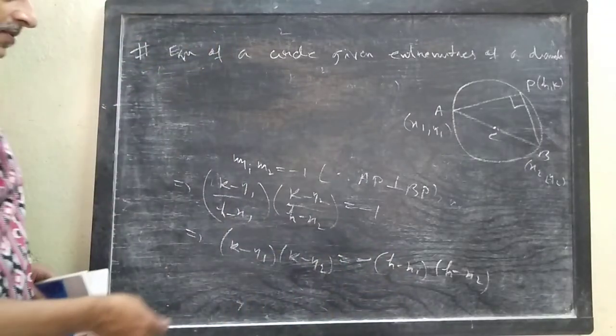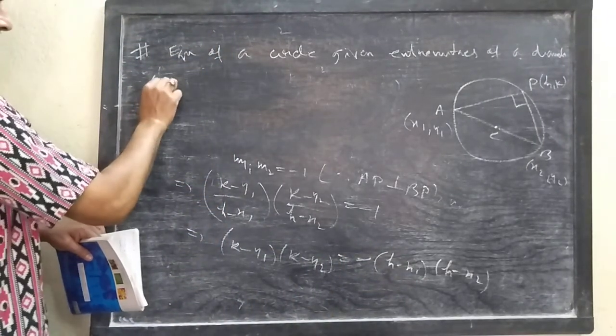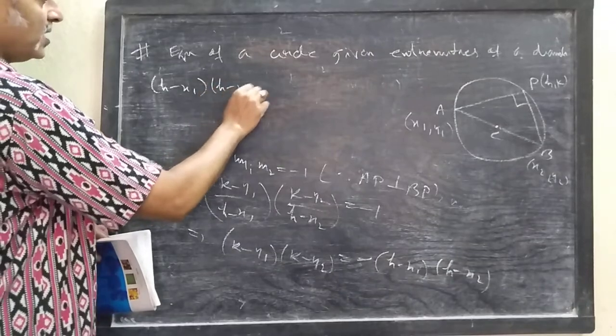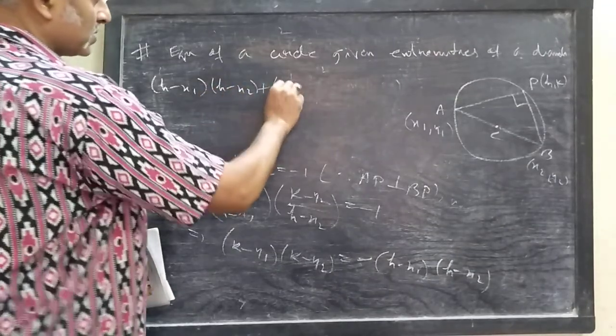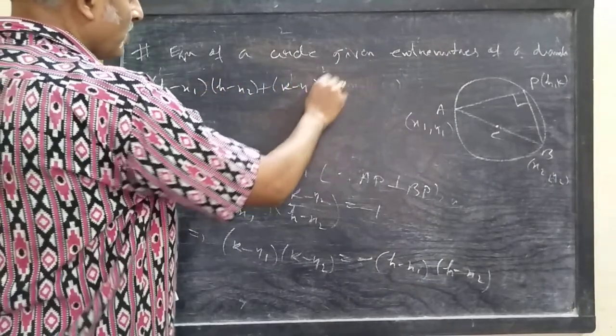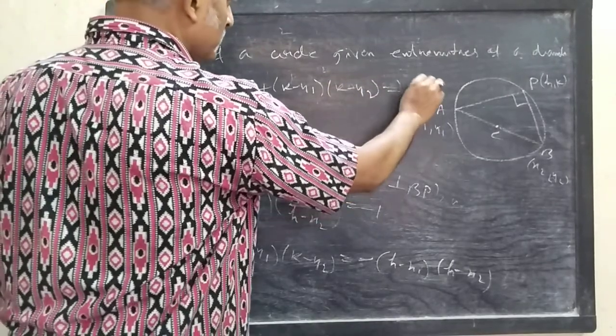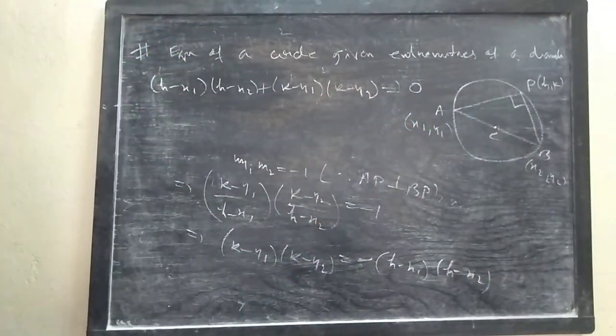Shift this to the left hand side, you get (h minus x1) into (h minus x2) plus (k minus y1) into (k minus y2) equals 0.